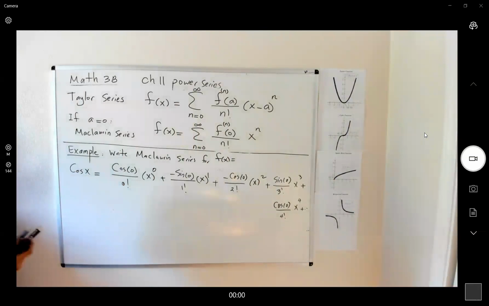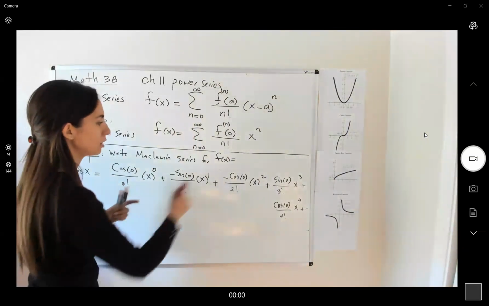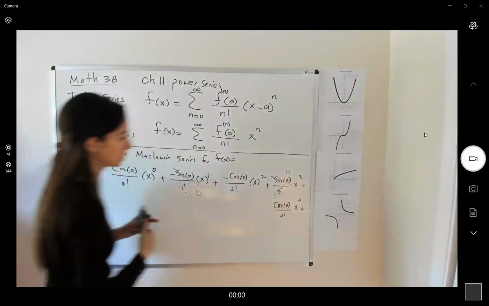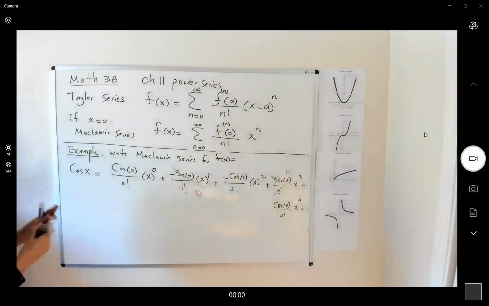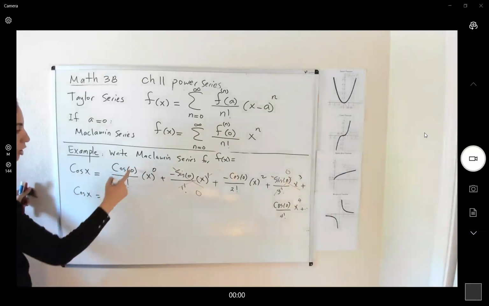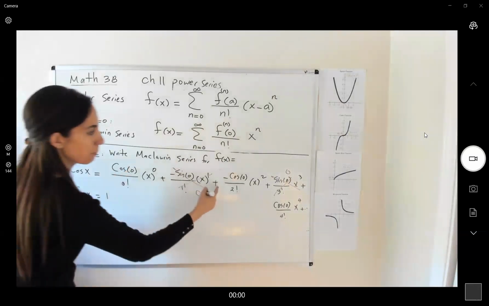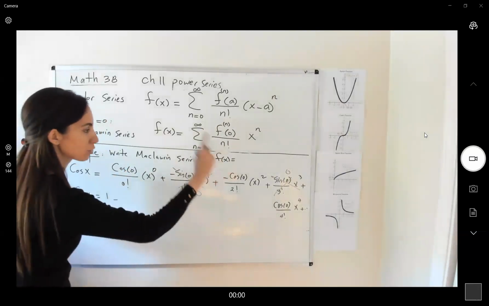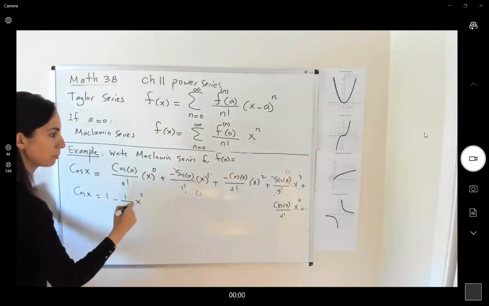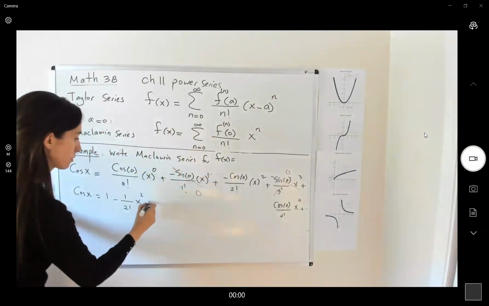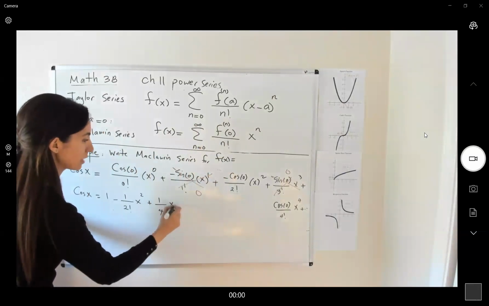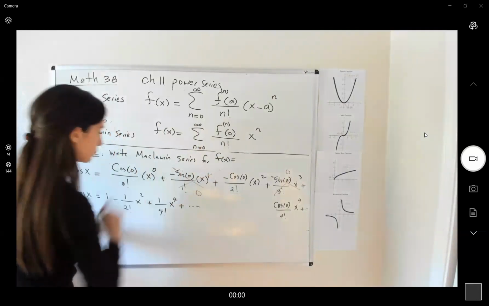Very well, of course you can get rid of sine 0. Sine 0 is just 0. So what's left? The first term is left. Cosine x is 1 minus cosine of 0, which is 1, over 2 factorial x to the second power plus 1 times x to the fourth plus the rest of the terms.